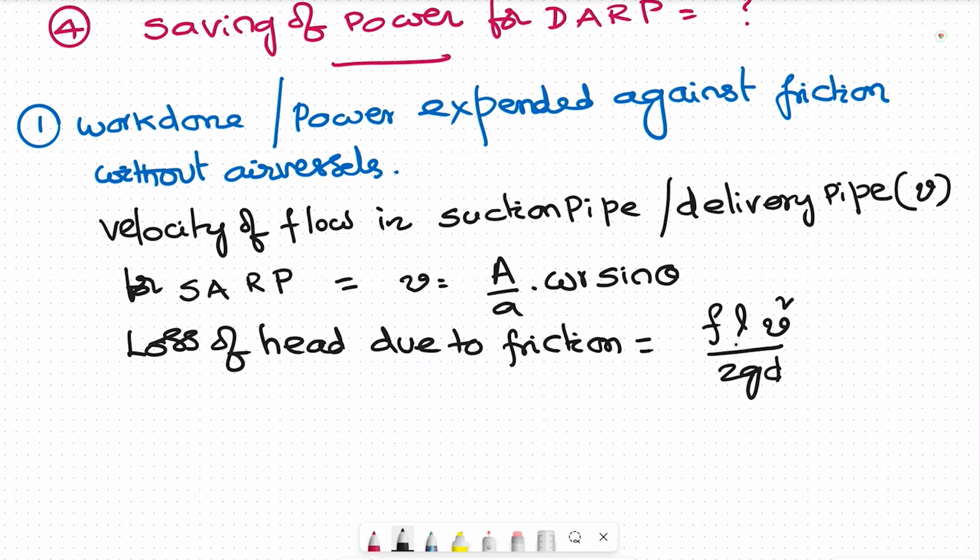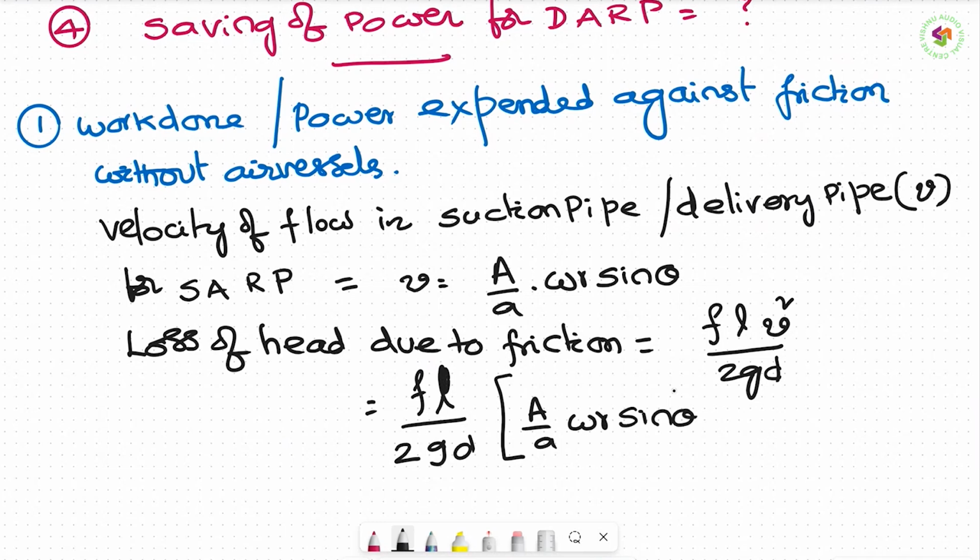It is length of suction pipe Ls, delivery pipe Ld, diameter also suction pipe ds, delivery pipe dd. I am making it generalized. So that is f l by 2 g d into A by a omega r sine theta whole square.